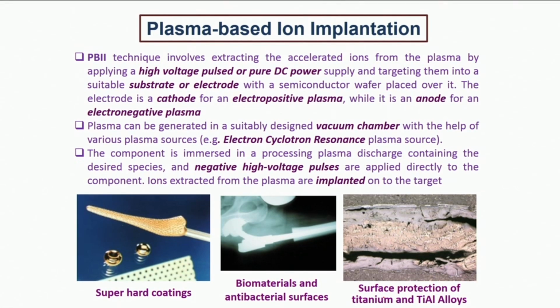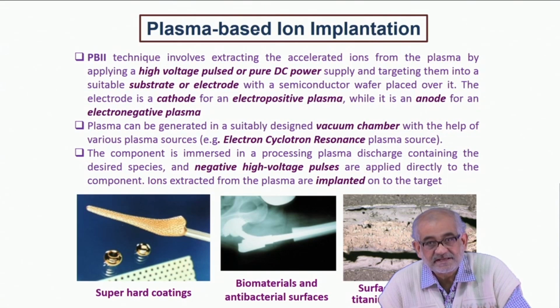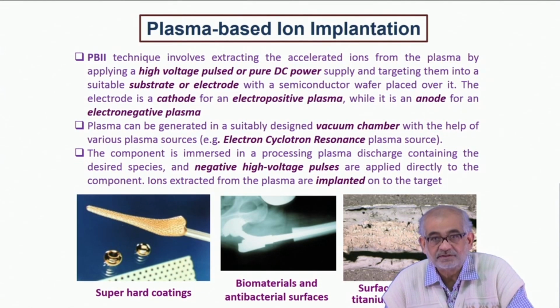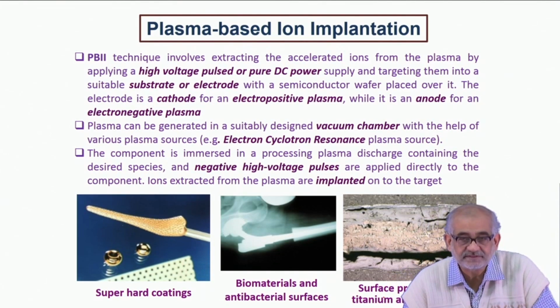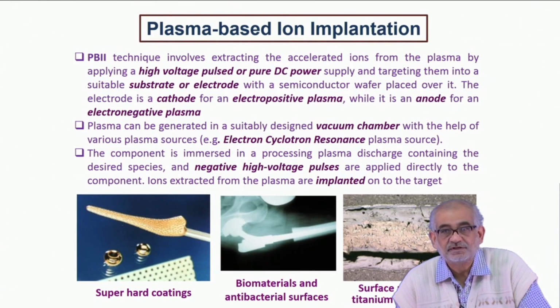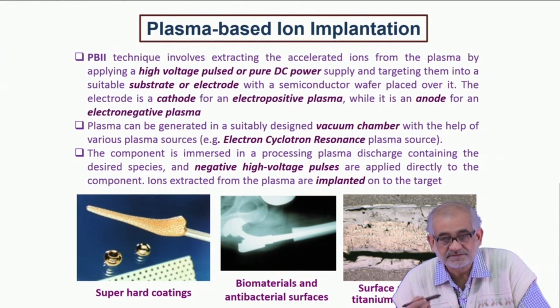The other processes I already mentioned about plasma nitriding are exactly the same as gas nitriding or even liquid nitriding. That means you create a nitride layer onto the surface, and like we discussed in the previous lecture in detail, the first layer could be zeta nitride, and then we can have epsilon nitride or gamma prime nitride and so on.